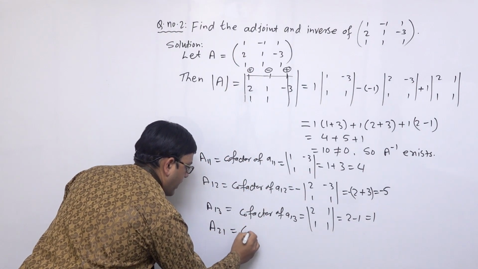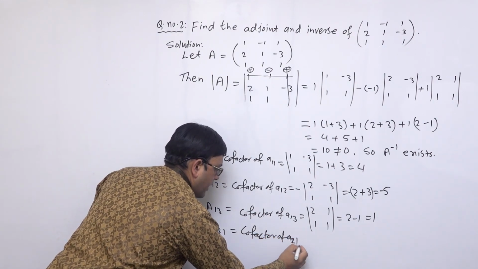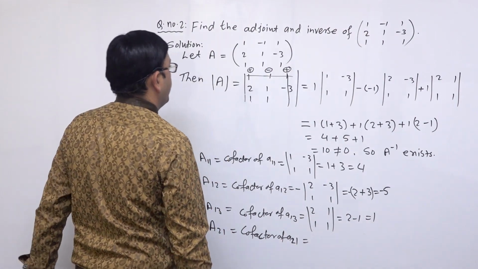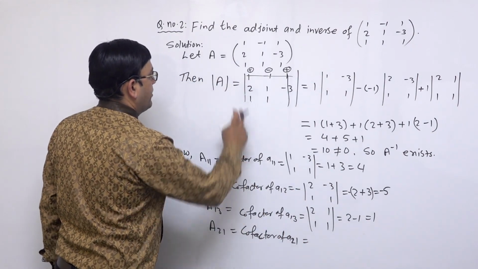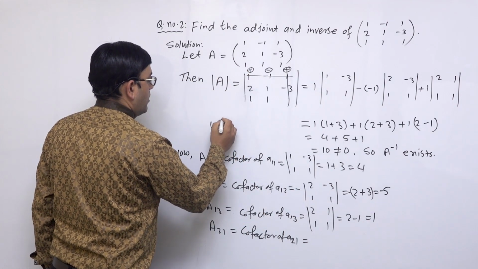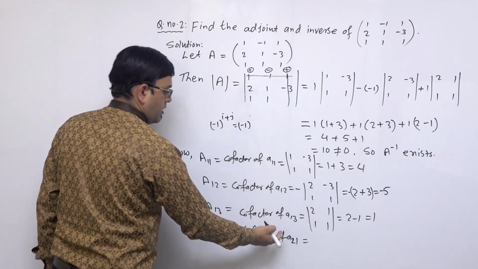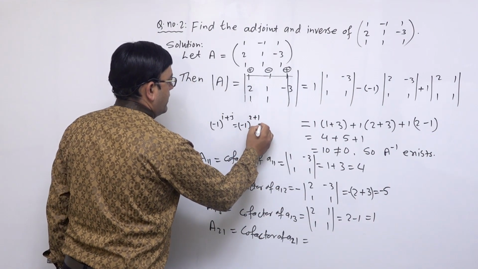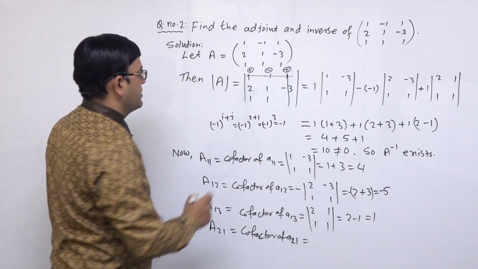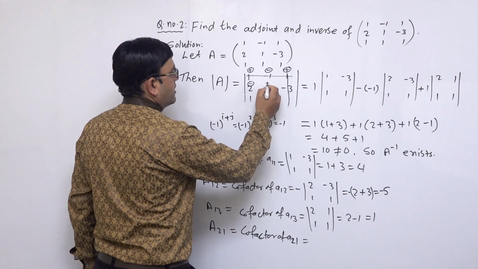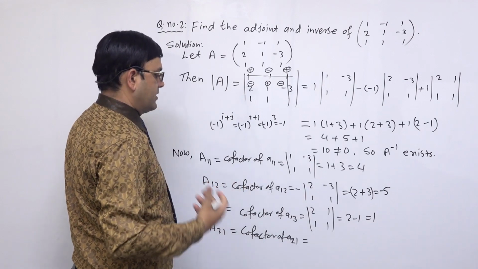A21 is second row, so minus 1 to the power i plus j, where i is 2 and j is 1. 2 plus 1 is 3, so minus 1 to the power 3 is minus 1. Easily we can say this one is plus, this one is minus, so we can calculate plus and minus alternately.